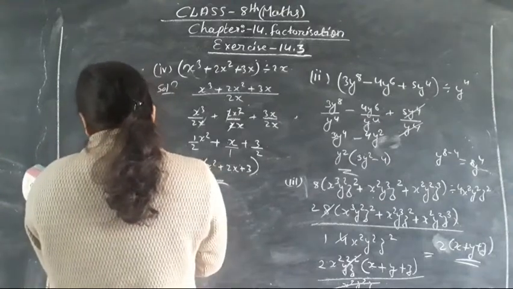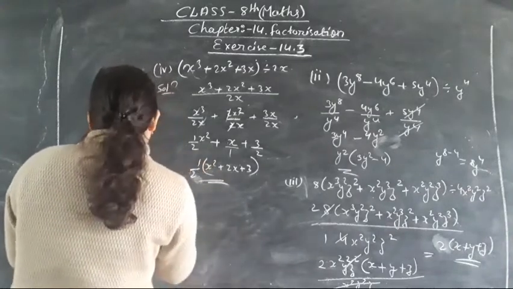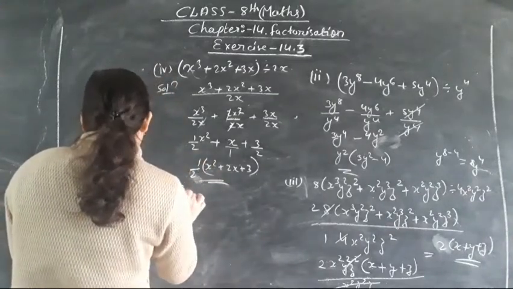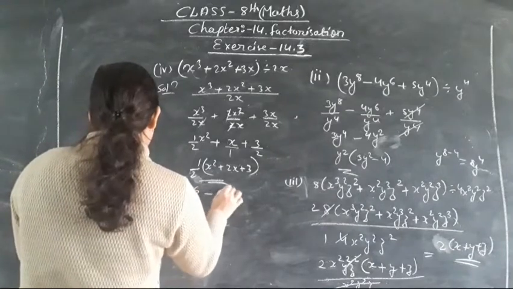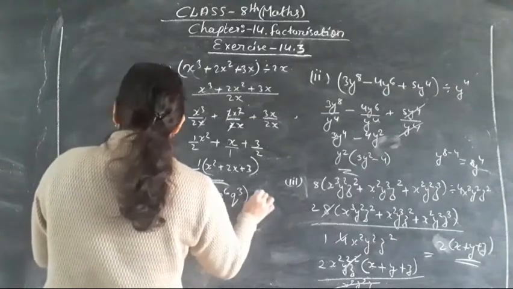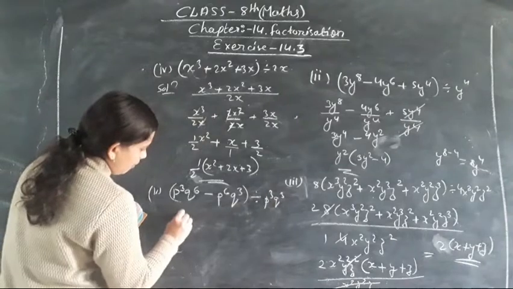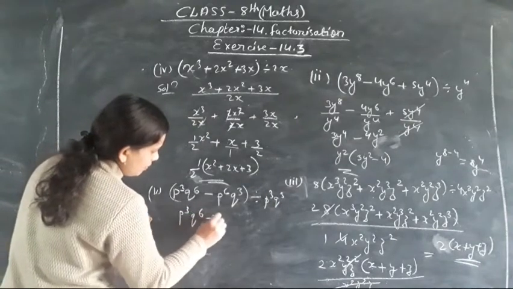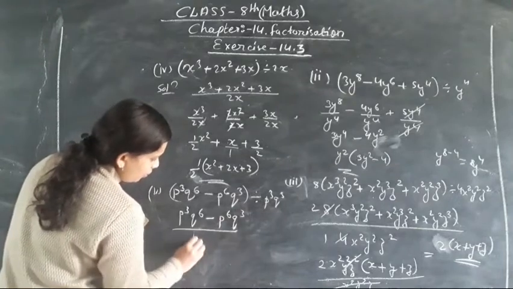We are having p cube q to the power 6 minus p to the power 6 q to the power 3 divided by p to the power 3 q to the power 3. So here p cube q to the power 6 minus p to the power 6 q to the power 3 we are going to divide it.